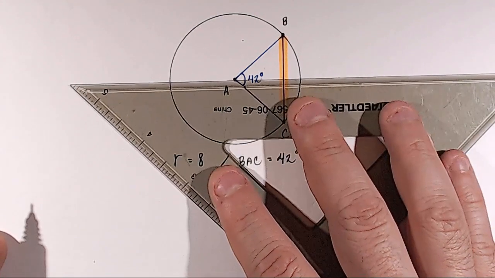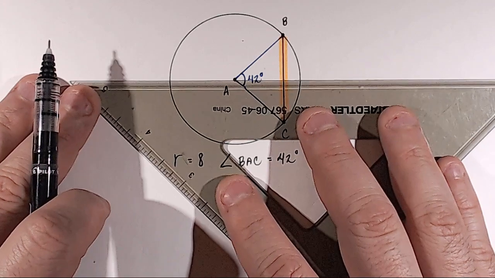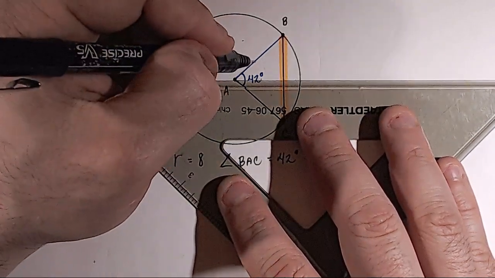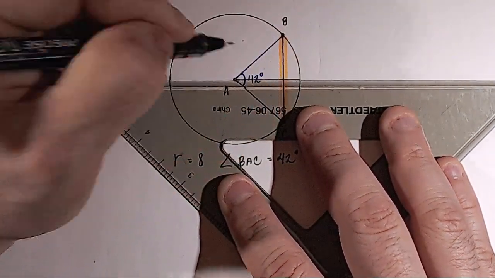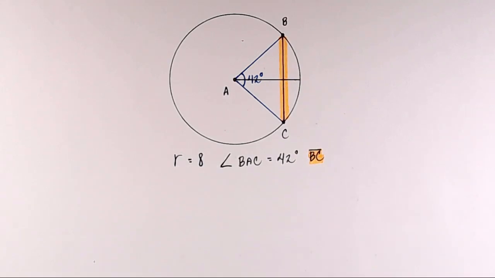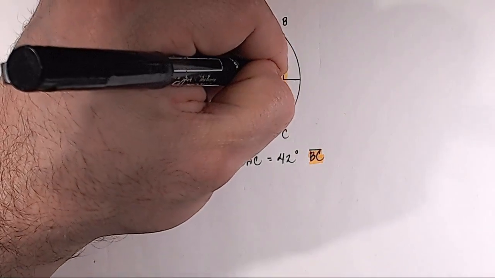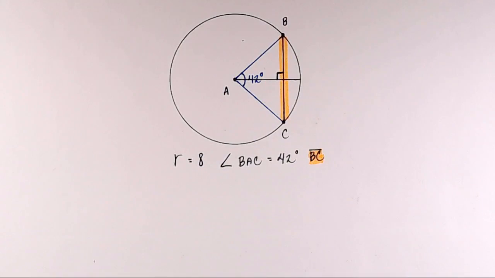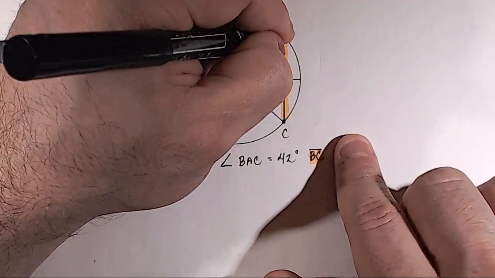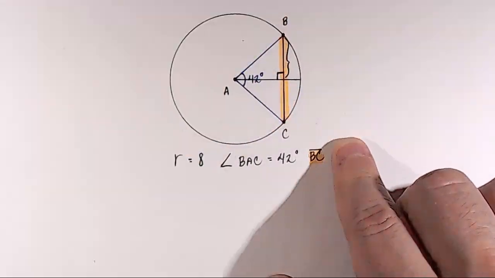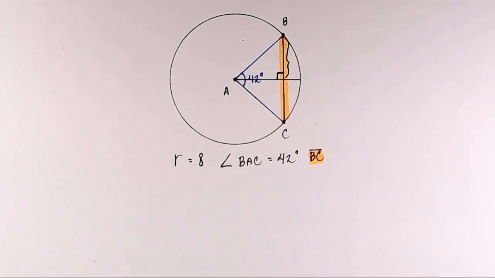Once you convert the central angle to radians, you bisect the central angle like that, and you use right triangle trigonometry to find half the chord length. You'll find this piece right here, and then you just multiply that by 2 to find the full chord length.